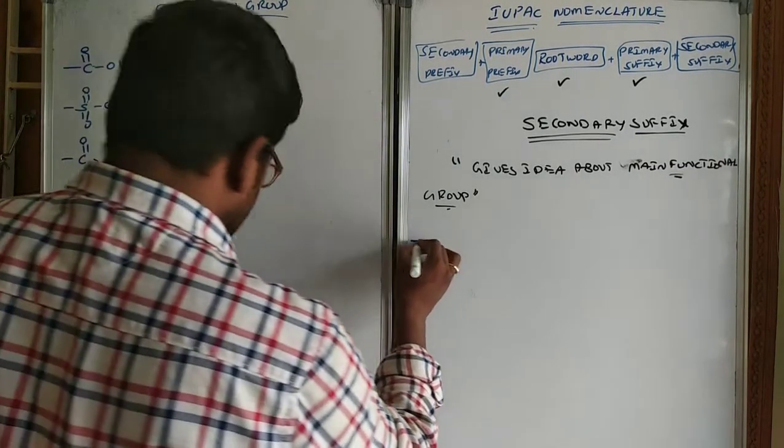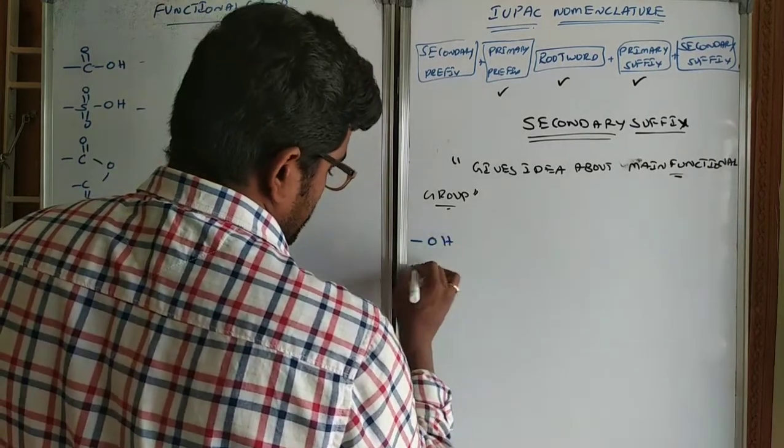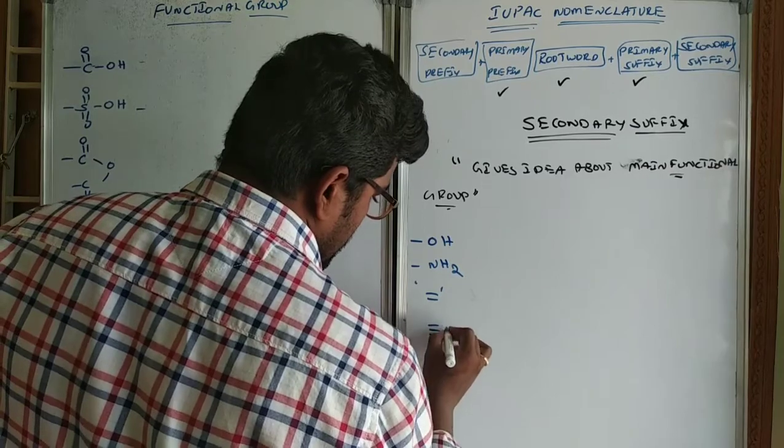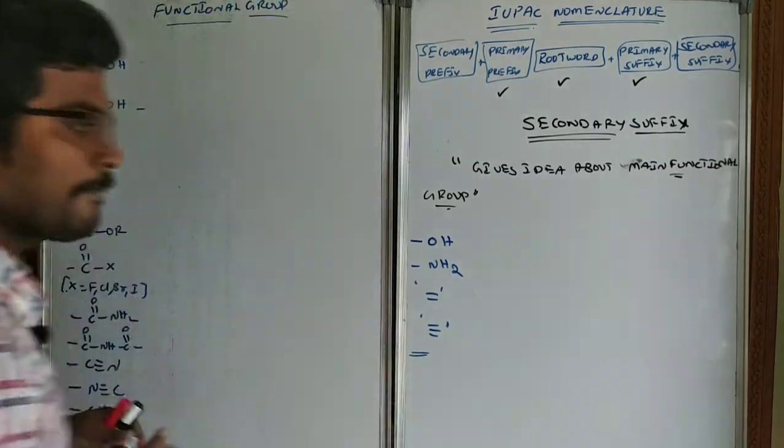This is the order. You have to remember the order as it is. Amine, double bond, and then triple bond will come.